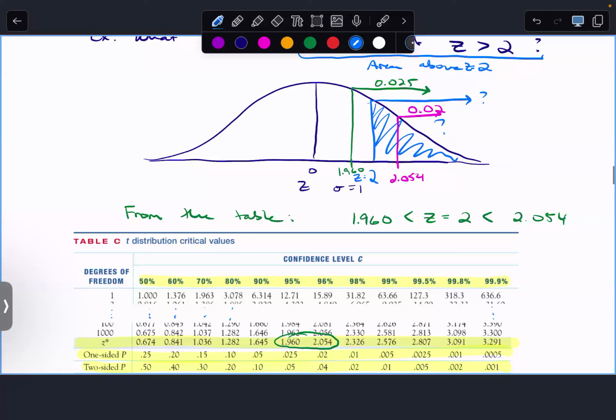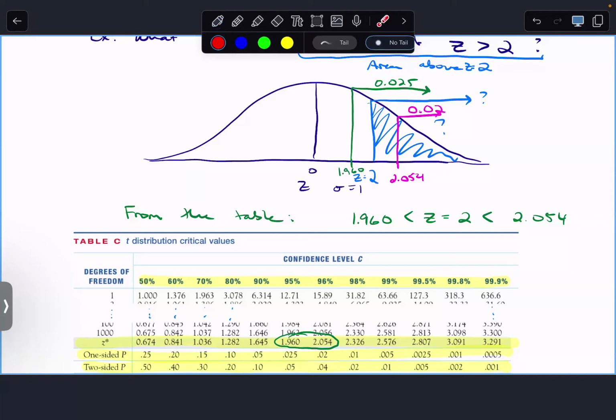Using this table, it's a little unsatisfactory just because we're left with a range. But if I tell you that the probability is somewhere between 0.02 and 0.025, that's pretty good. That's narrowed down enough. We'll use software to figure out what the actual value is.